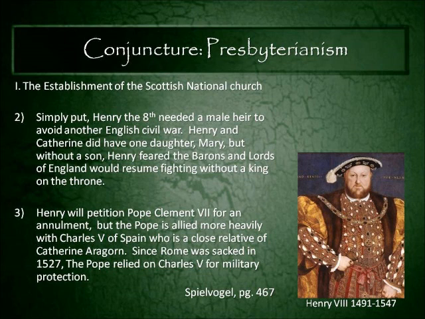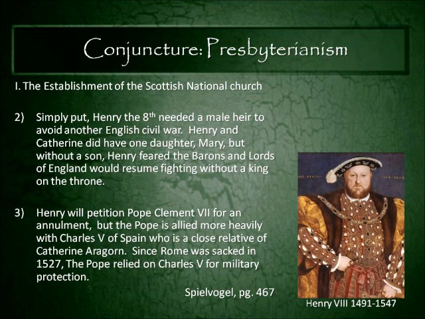An annulment means that you declare a marriage as though it never happened, in which case Catherine loses all of her status as Queen of England, and Mary will lose any rights as firstborn child to the throne. So, needless to say, an annulment would look very bad for Catherine.